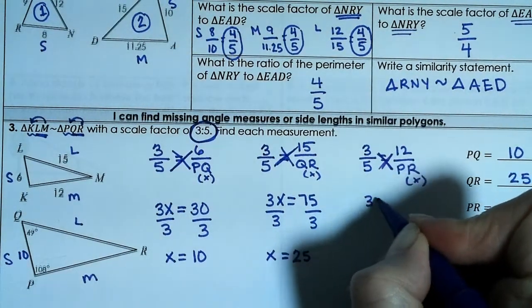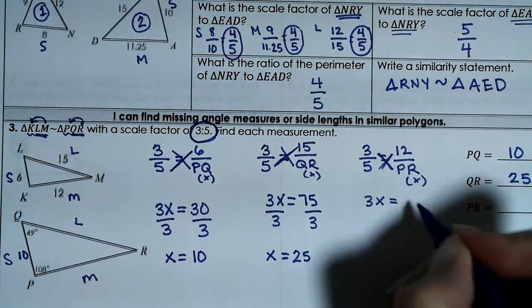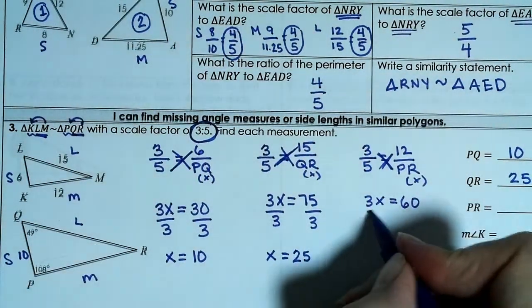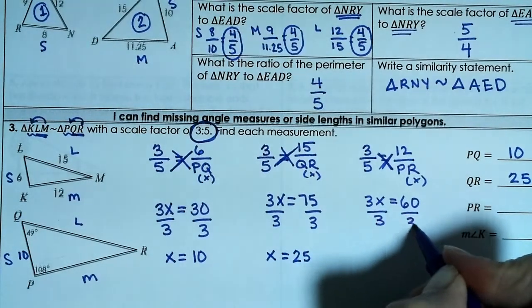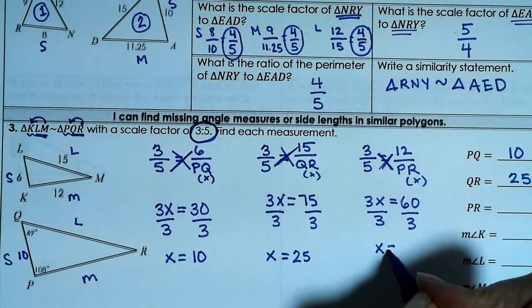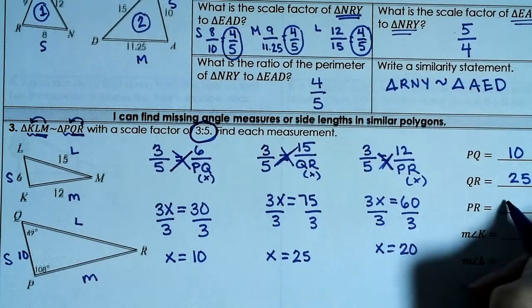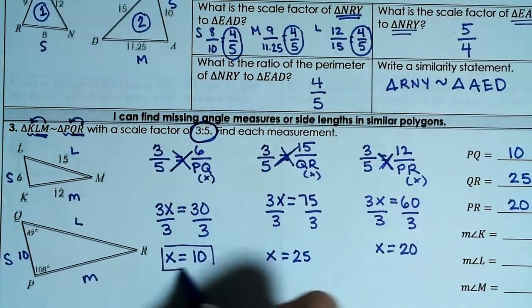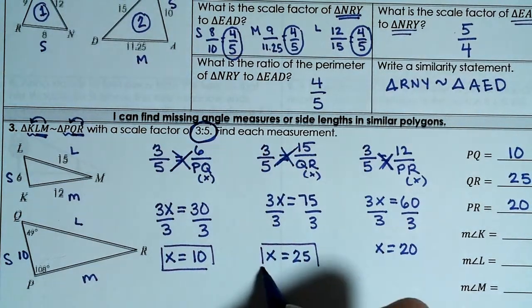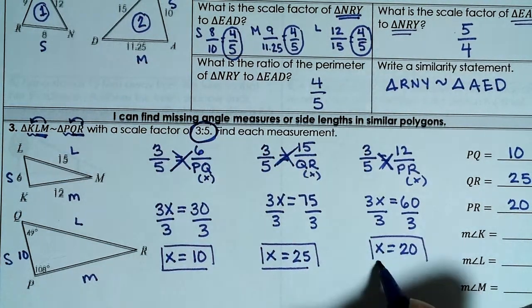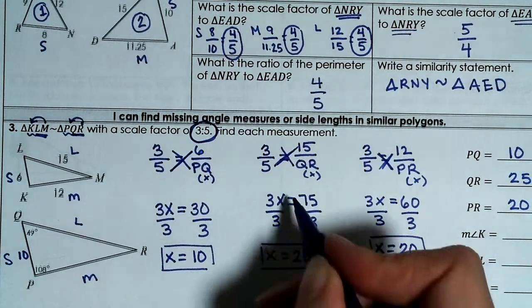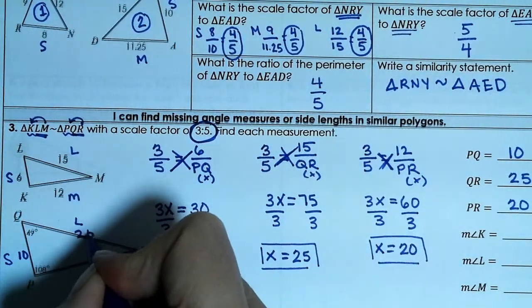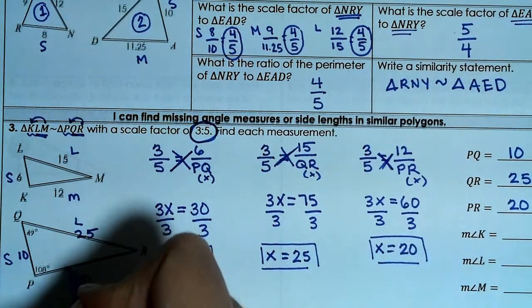So I'm going to have 3x is equal to 60. I divide by 3, and I get x equals 20, which is really PR. One thing I'm going to go back and do is just fill in these answers in my picture. So QR was 25, and PR is 20.